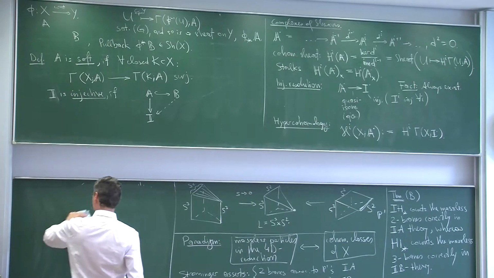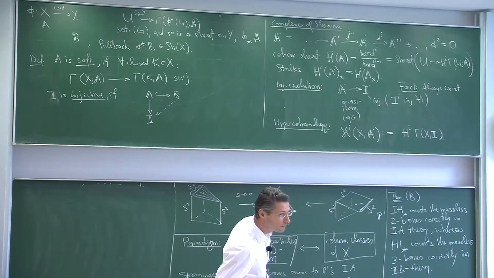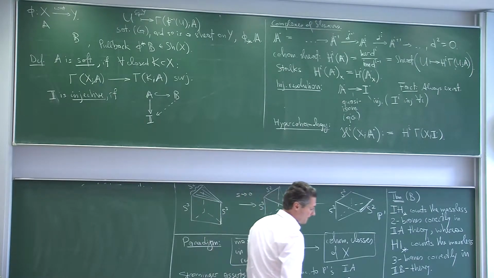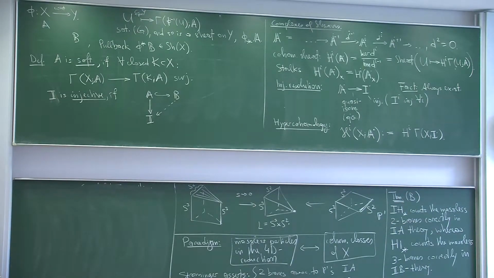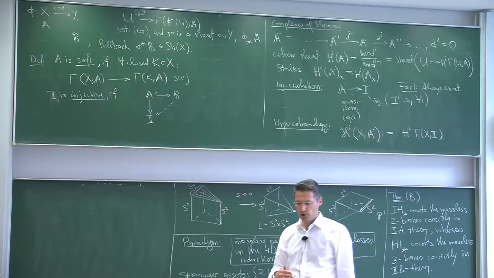Can you maybe comment a little bit why you need this step to first take the injective resolution rather than just define it directly from A? Presumably this has some nice... Well, because a general sheaf has way too few sections. Imagine it as follows.